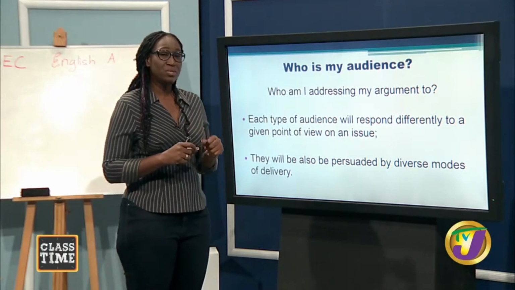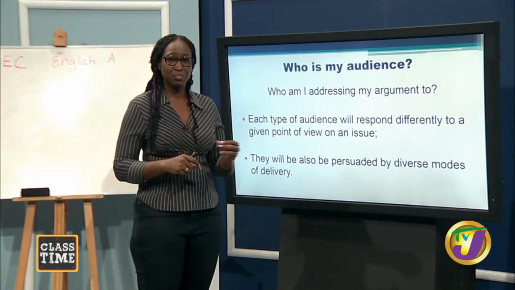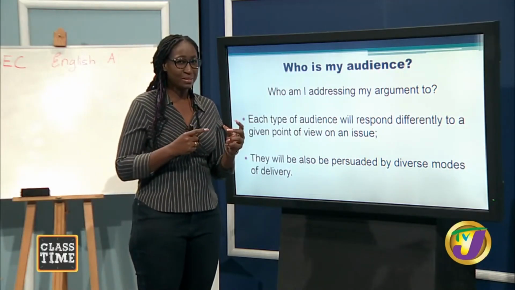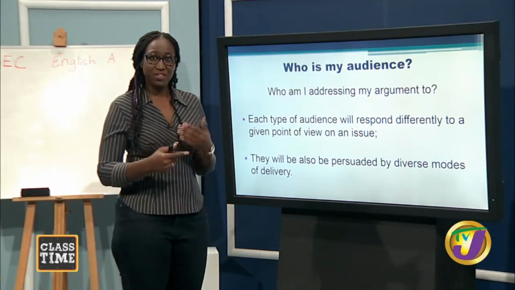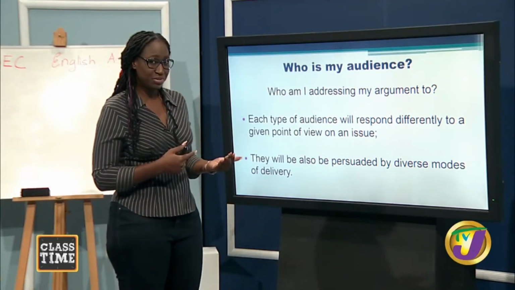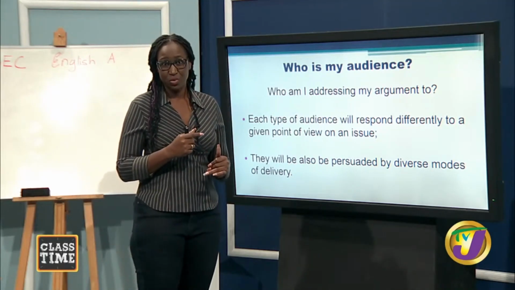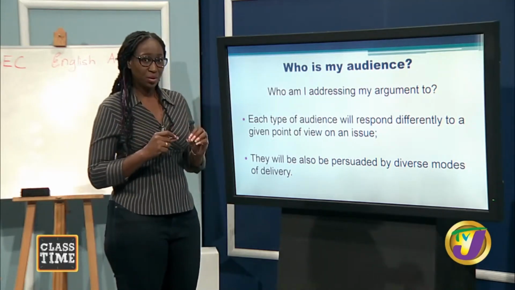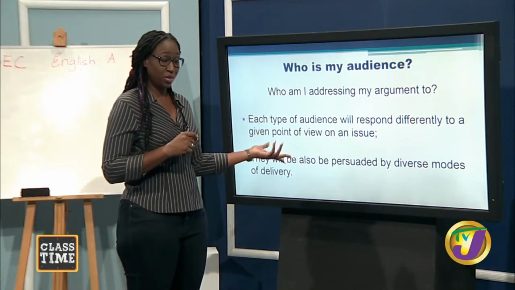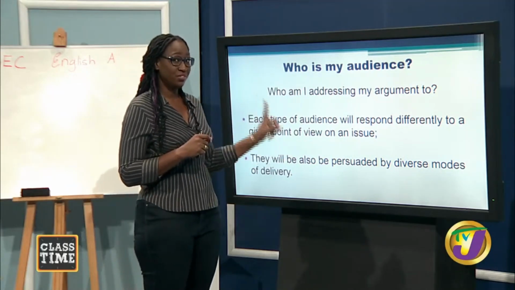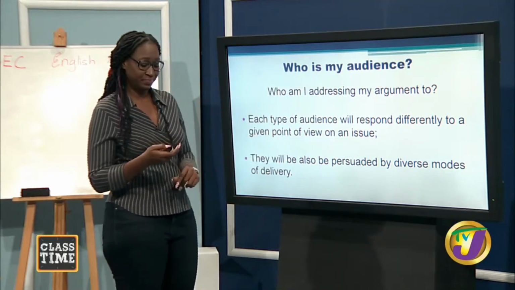If it is somebody who is more rational and logical, more analytical, more calculating, then you have to use those devices that appeal to that type of person. So based on the wealth of devices you have been exposed to, you now narrow it down to which ones are the most appropriate for this type of audience.